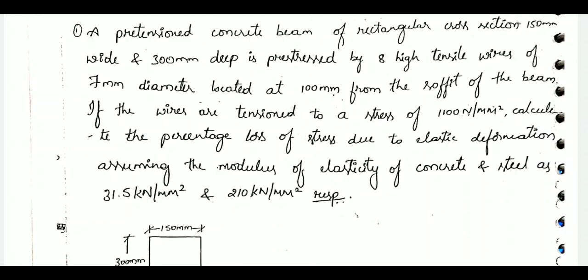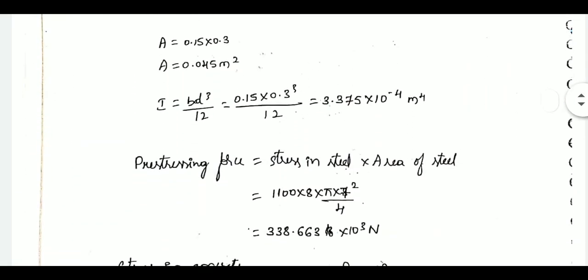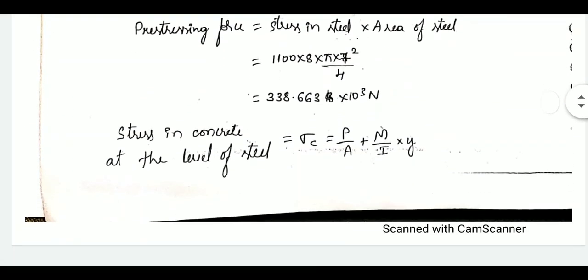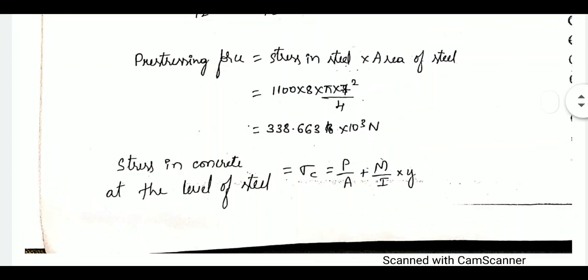So we need to find out the total area of the tendons or total area of the wires, and we need to multiply it with the stress per mm square. So that we have calculated here. Pre-stressing force is stress in steel into area of steel, that we got 338.663 kilonewton or 10 power 3 newtons.